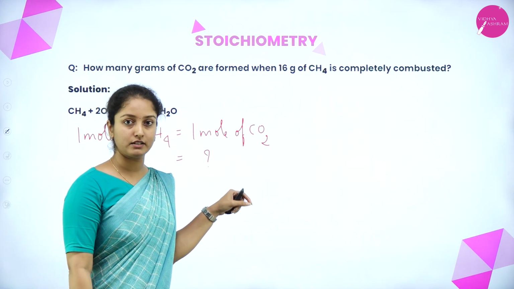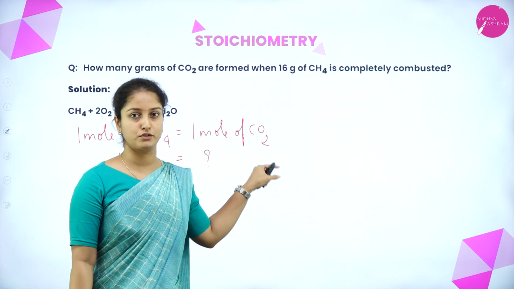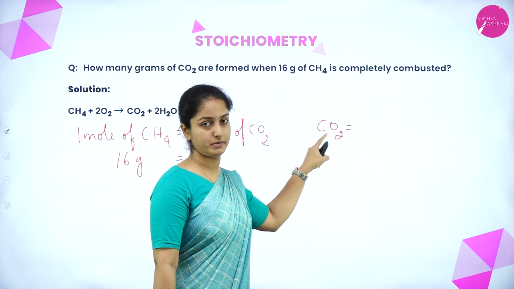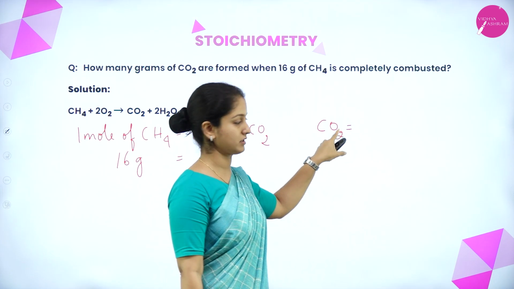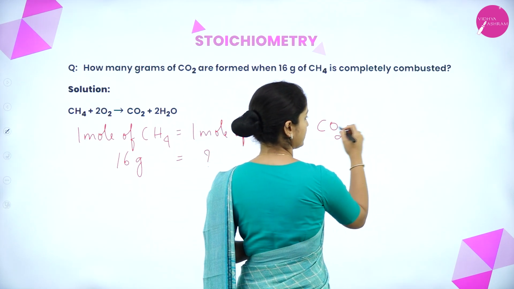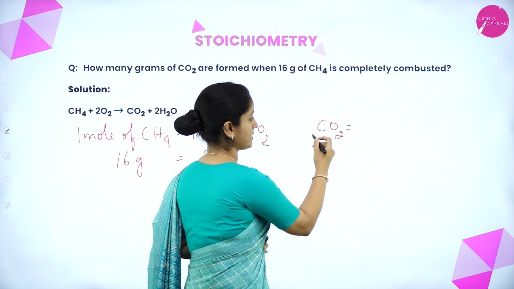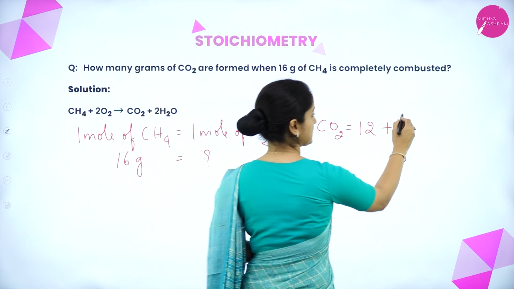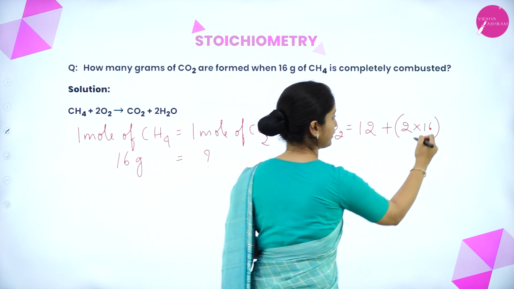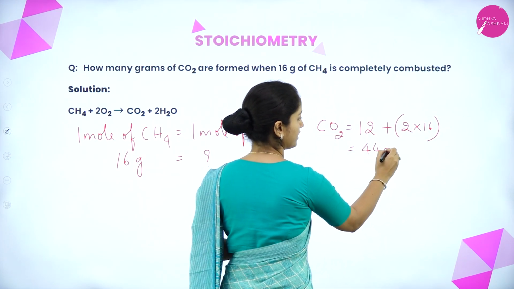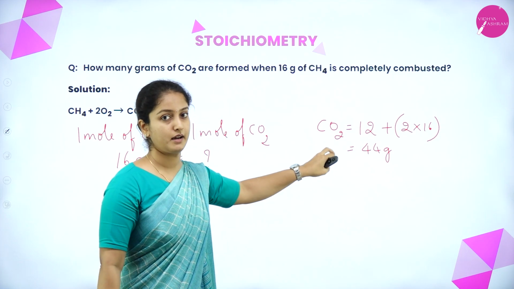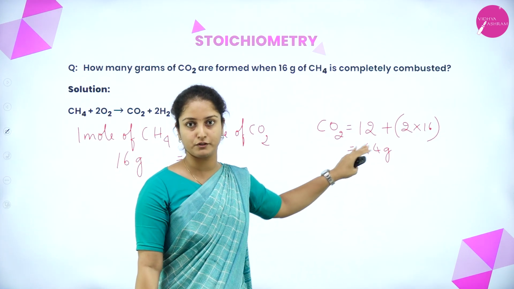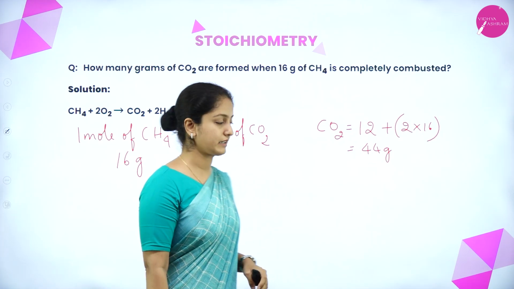But we can calculate the molecular mass of carbon dioxide. 1 atom of carbon is present and 2 atoms of oxygen are present in carbon dioxide, and we know the atomic mass of carbon is 12 plus atomic mass of oxygen is 16, that is to be multiplied by 2. So we get 44 grams. This is the molecular mass expressed in grams. So therefore the molar mass of carbon dioxide is 44 grams.